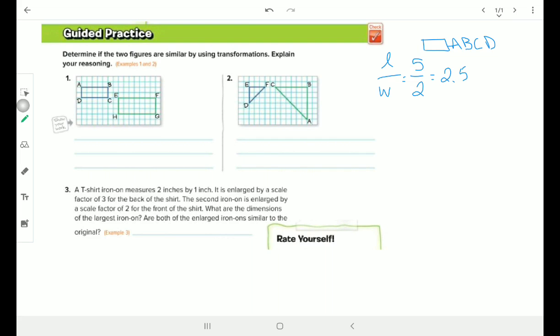So now looking at rectangle EFGH, I have to see, okay, length to width. What's my length? Well, my length is 1, 2, 3, 4, 5, 6, 7, and my width is 3. But 7 divided by 3 does not give me 2.5, right?